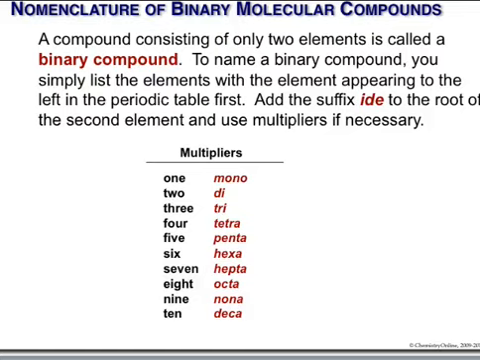We're going to look to see what's next. Take the root and add ide. Only difference is we will now use multipliers. There is one exception. Mono is not used for the first element. If you only have one of the first element, do not use mono. If you only have one of the second element, then you use mono. It's trivial.